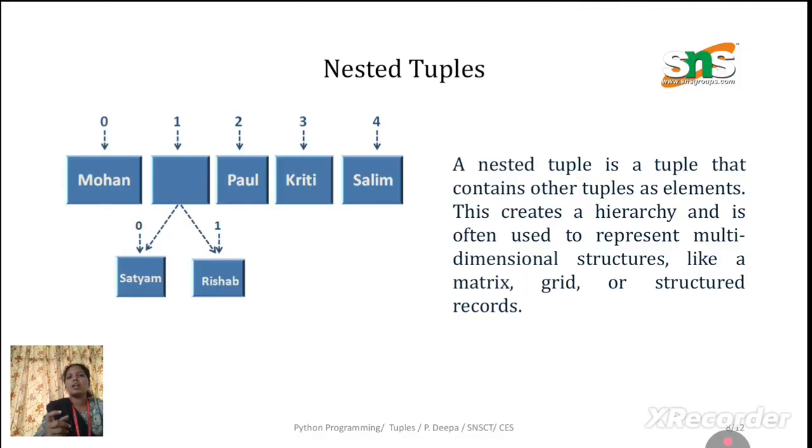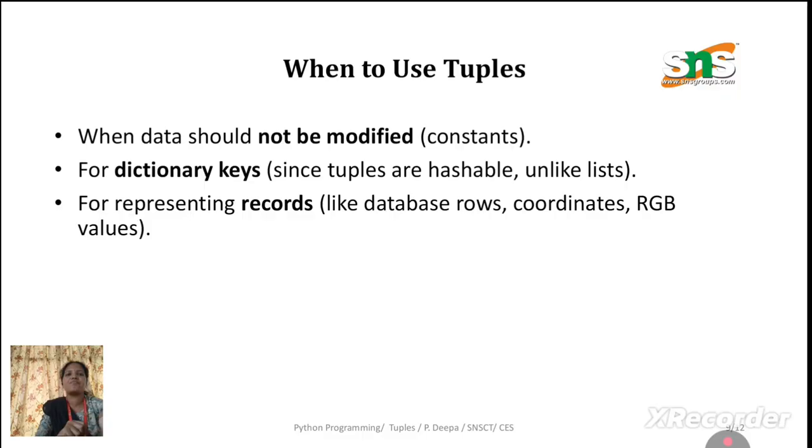We have added two people in the ordered list, but the tuples cannot have elements added. So we can take the zeroth index and the one index, and we can add the remaining two people.